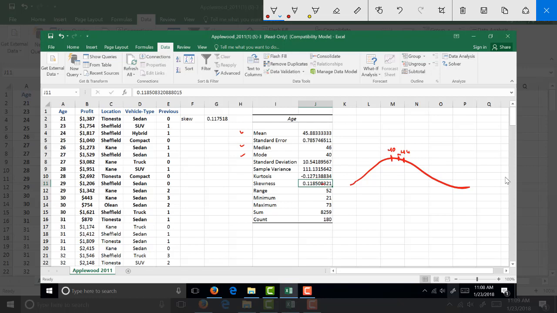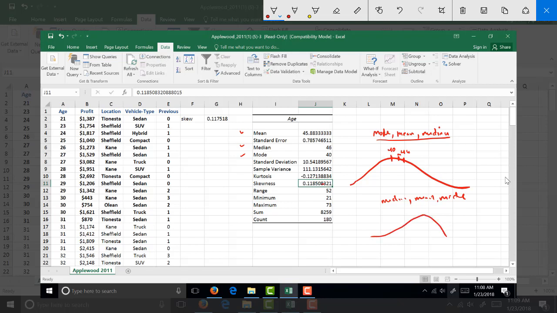So our mode, mean, median, if we have them in this order, then we have positively skewed data. If we have them reversed, if it's our median, mean, mode, then now we're dealing with negatively skewed data.